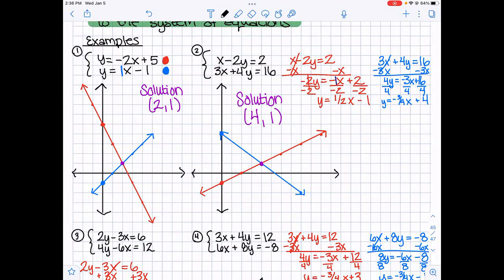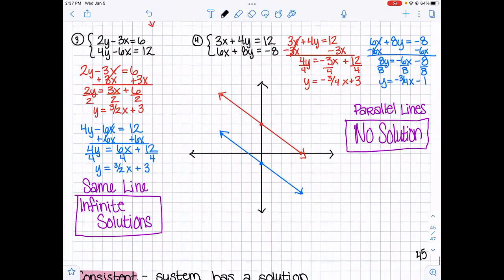So if I ask you to classify this system, you would say consistent, independent. Number two, consistent or inconsistent? Consistent, and independent. Number three, consistent or inconsistent? Inconsistent, and since it doesn't have an answer, we can't decide if it's dependent or independent. So if you pick inconsistent, you're done.